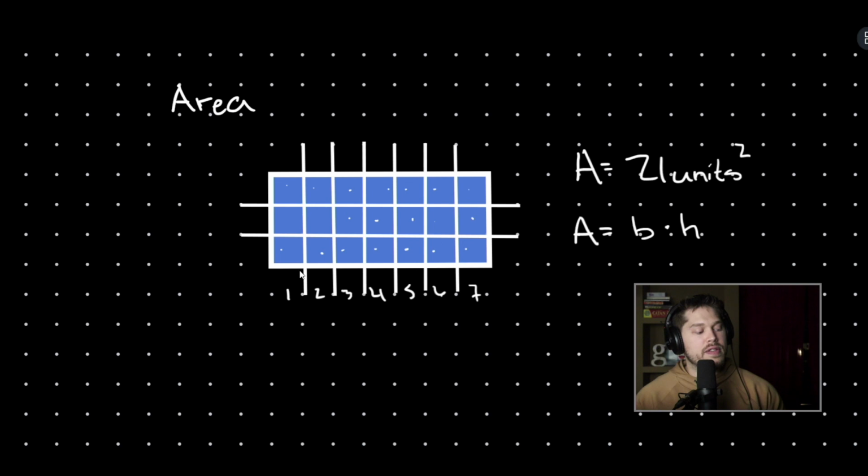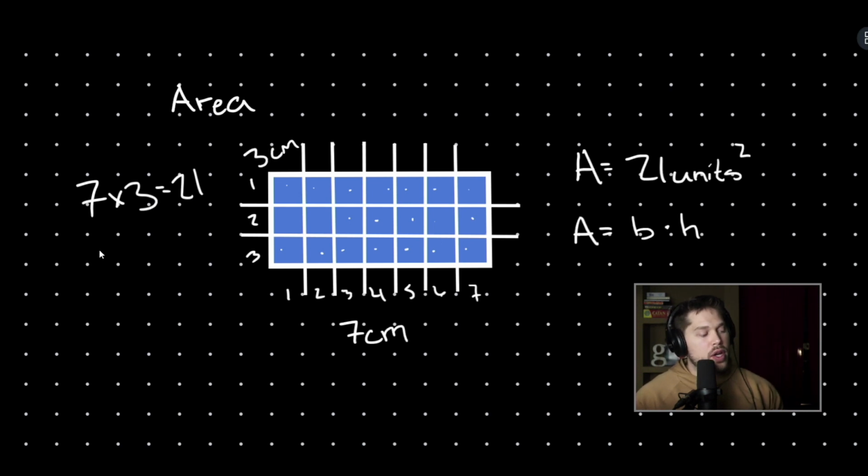It has a full length of 7, and it has a height of 3. And we know that 7 times 3 is equal to 21. Again, if units were given, say a base of 7 centimeters and a height of 3 centimeters, then our area would be 21 centimeters squared.